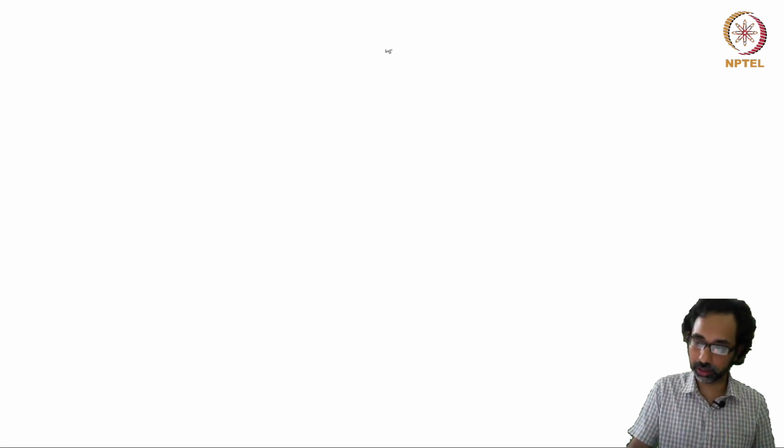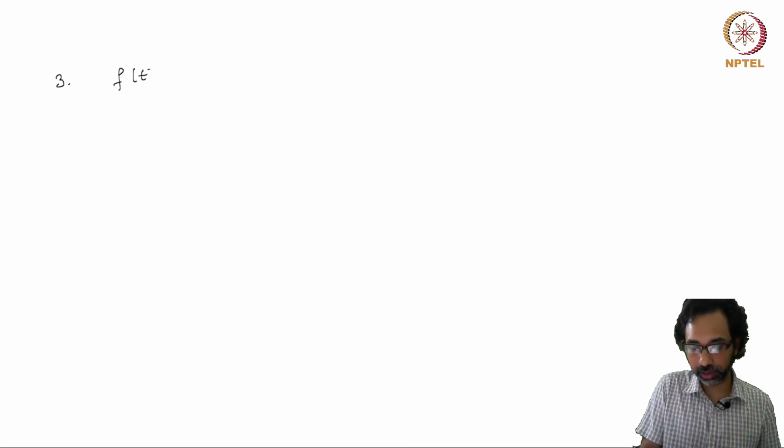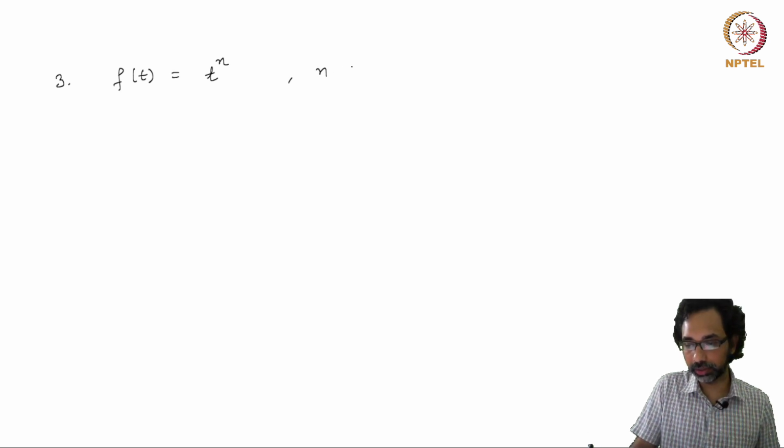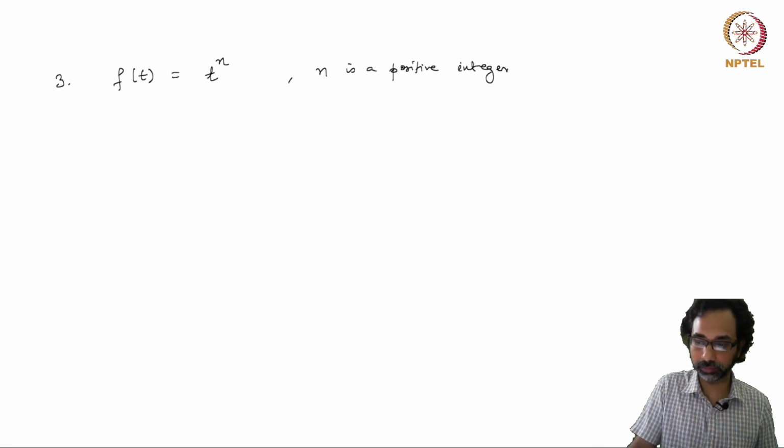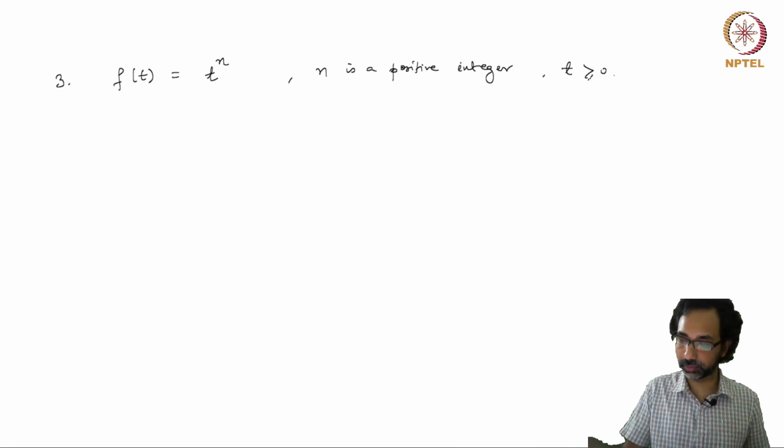Now let's look at another example. f(t) is t to the power n, where n is a positive integer which is given. Okay. Again, our domain of definition is t greater than or equal to 0. Okay.